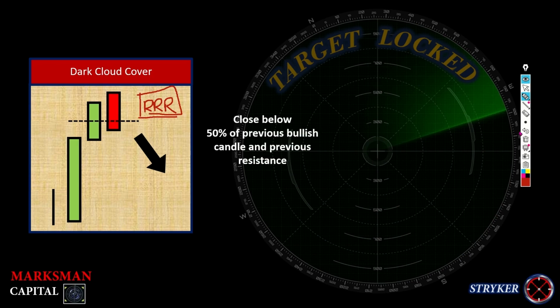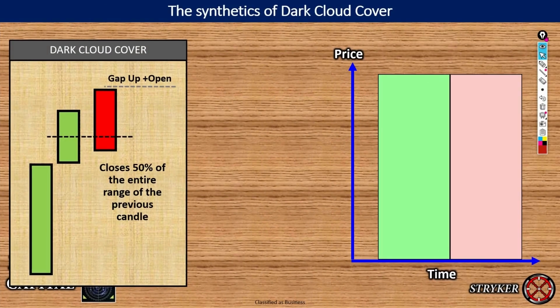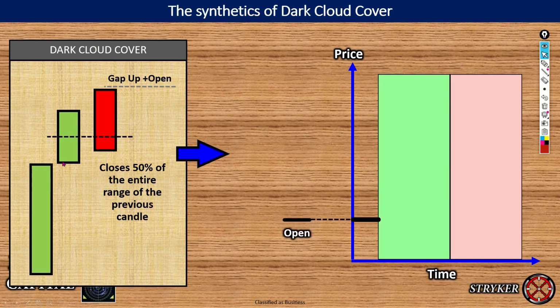Okay, so now here's the synthetic of a dark cloud cover. If we combine these two candles, what do we get? Let's say the opening price is here, and price goes up and closes here on the first day.